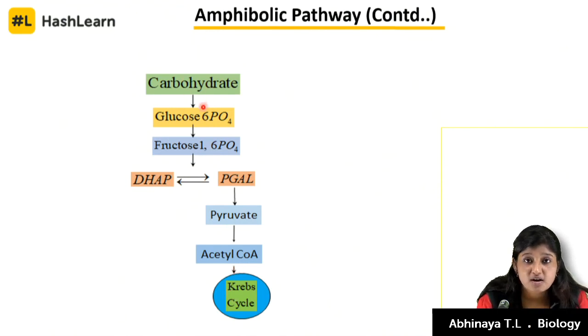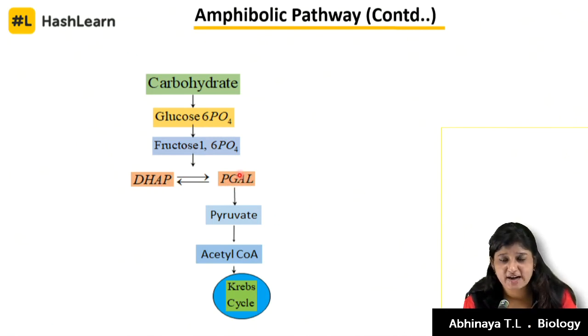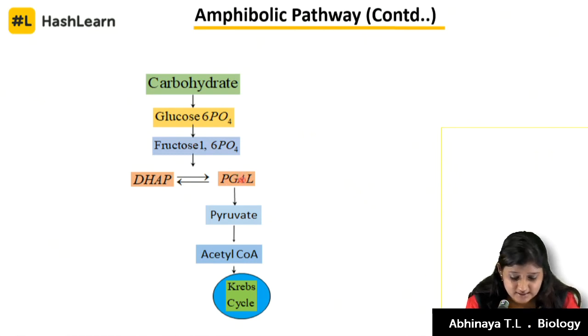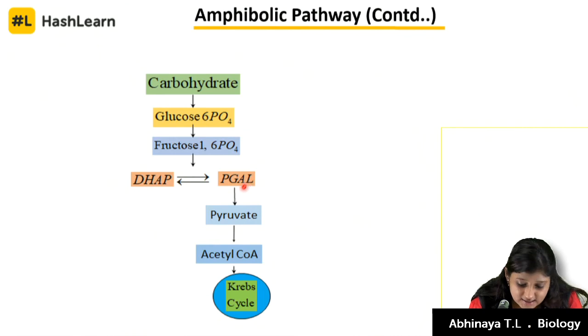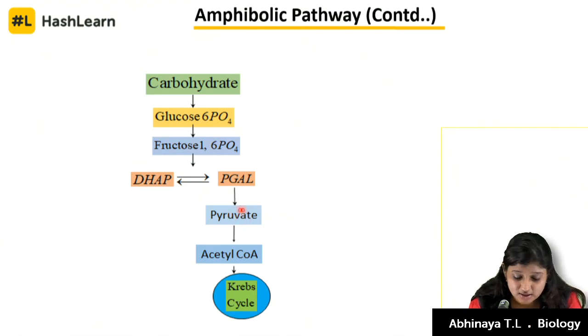Carbohydrate through glycolysis converts to glucose phosphate, then to fructose phosphate, then many steps take place to DAP and PGAL. We talked about it, no, dihydroxyacetone phosphate and glyceraldehyde 3-phosphate. This is glyceraldehyde 3-phosphate. This will get converted into pyruvate. This is the entire step till pyruvate, that is glycolysis.